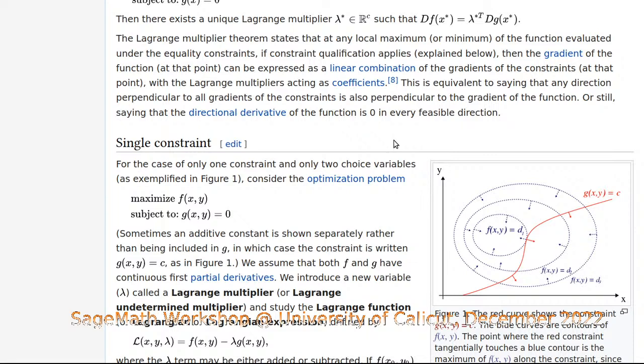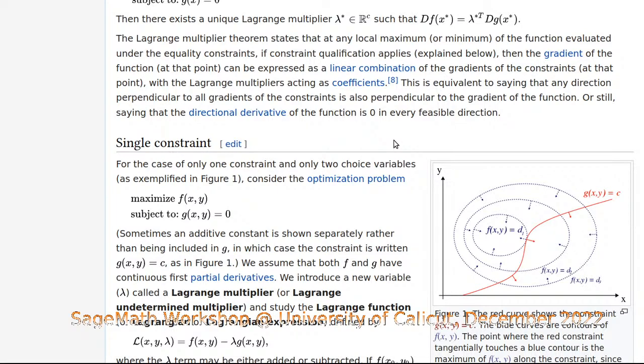We are not looking at an absolute maximum. On the surface we want a maximum, but the maximum needs to be subject to something which is most probably going to be a curve on that particular surface, and on that curve we are trying to find the maximum. That's what essentially we are doing.